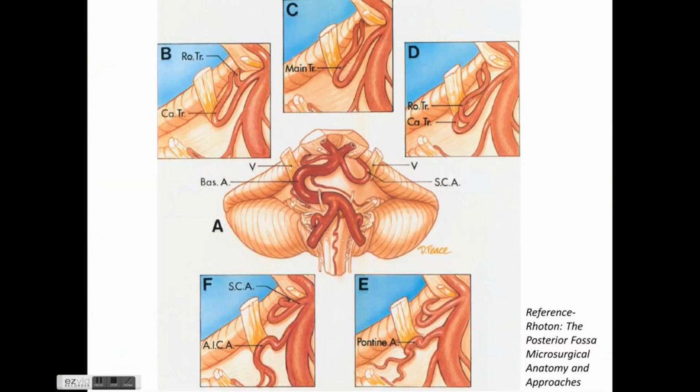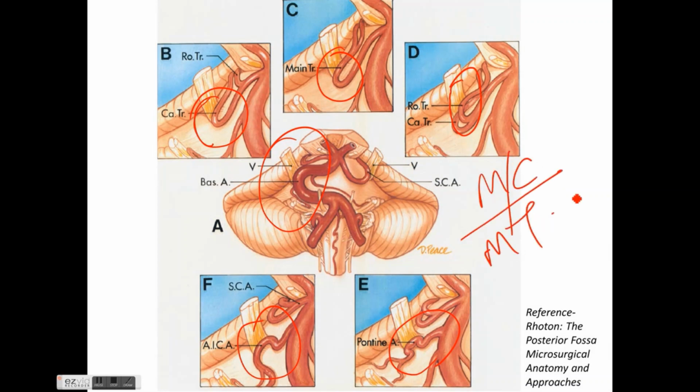It can be from the caudal trunk, it can be from the main trunk, it can be from the rostral and the caudal trunk both, it can also be from an ectatic basilar artery, it can be from an ICA loop, it can even be from a large pontine artery, but the most common is the main trunk at the junction of rostral and the caudal trunk.